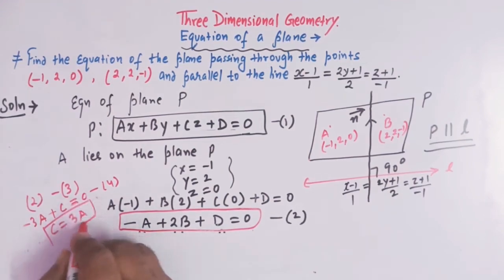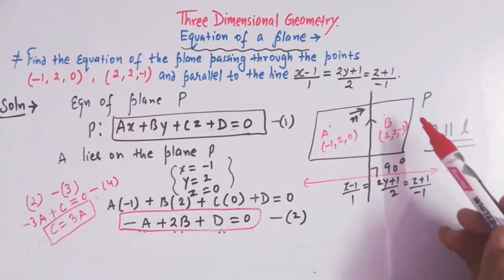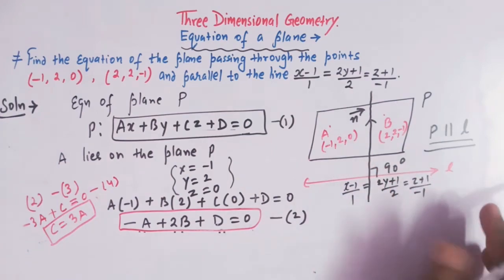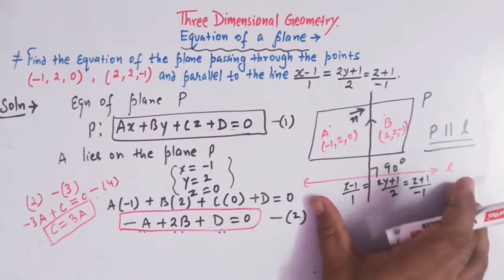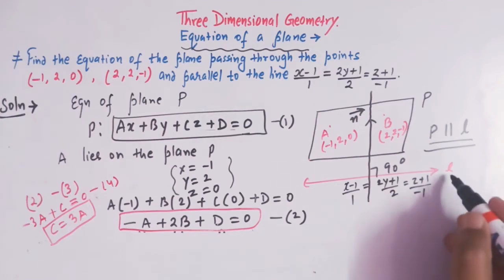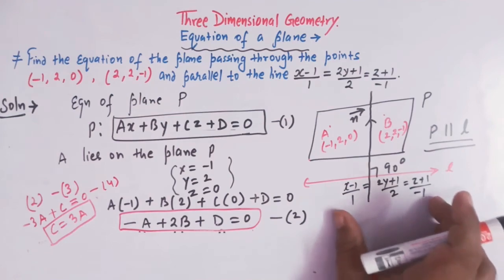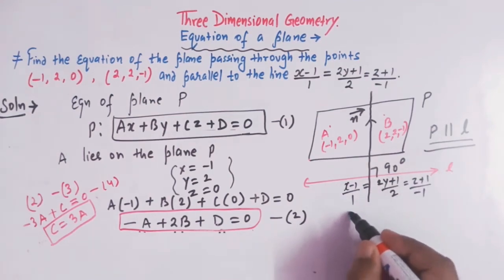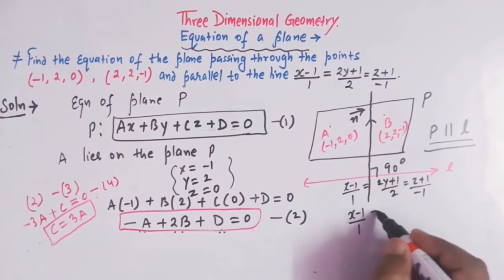Okay, so now see here we are given one more condition, that is this plane P is parallel to this line L, right? So now if we take the equation of this line L, then we see that we can write this equation of this line L as x minus 1 over 1.